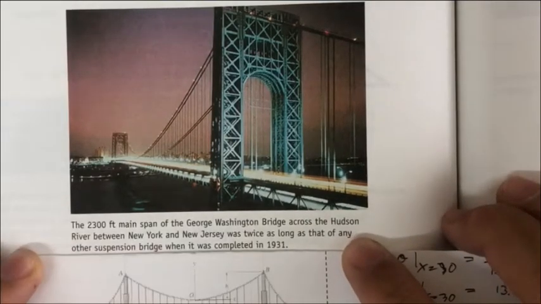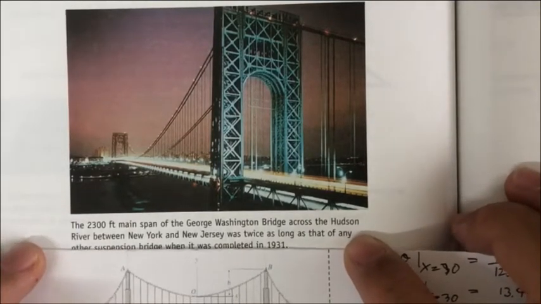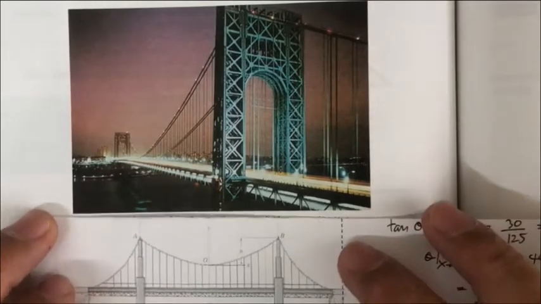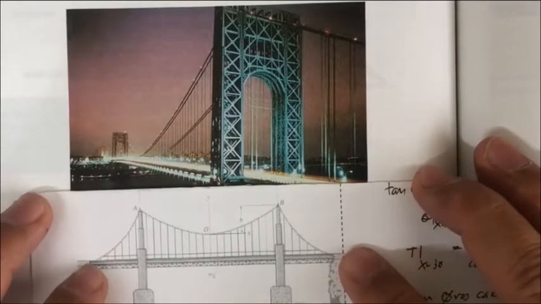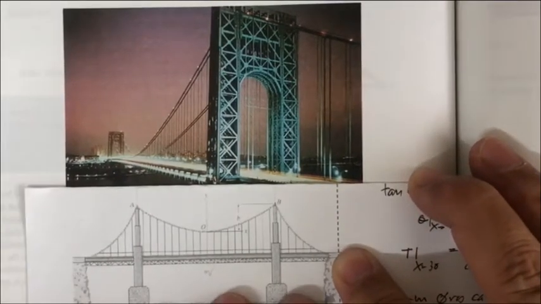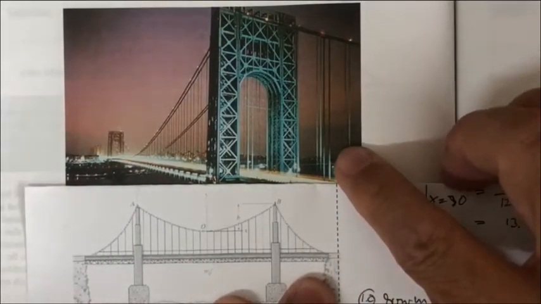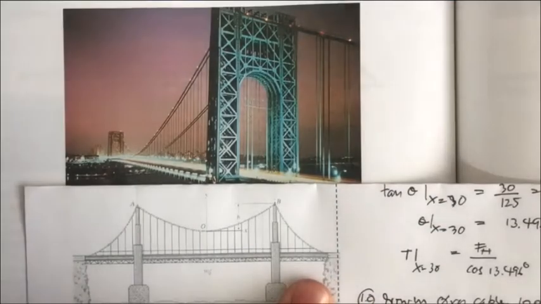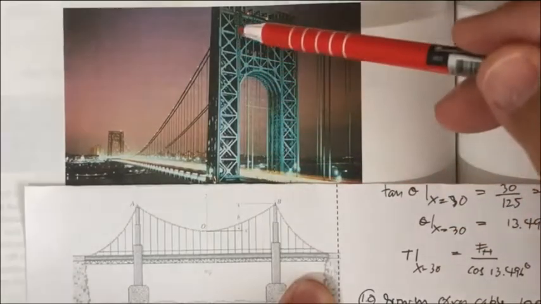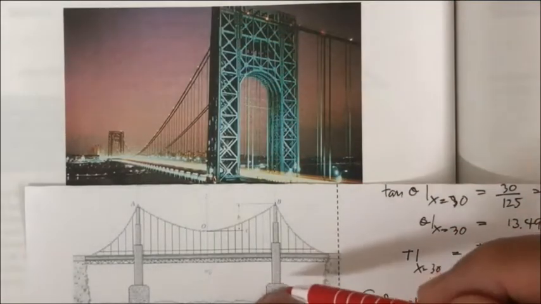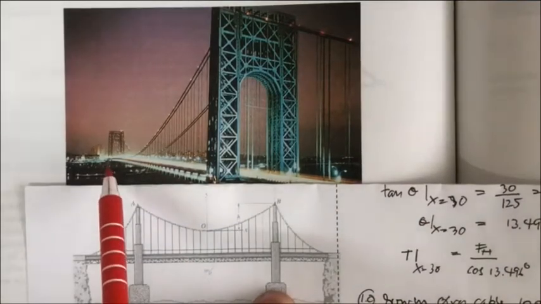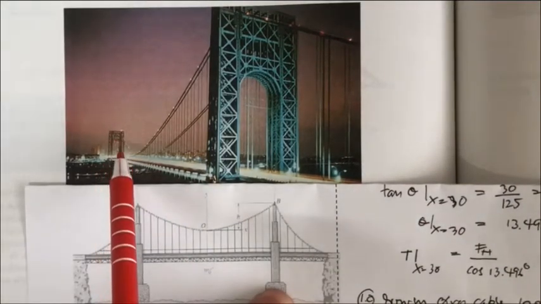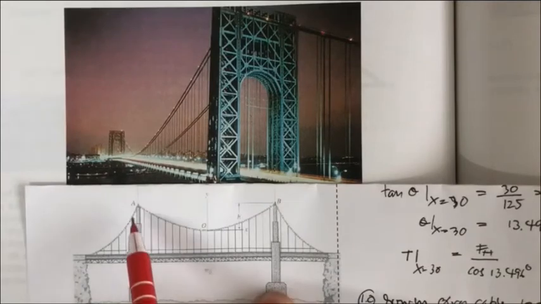So this bridge is one of the big advances in our civil engineering construction in the past. If we compare this George Washington Bridge with our model, you may see this column, and there is another structure here for this column.